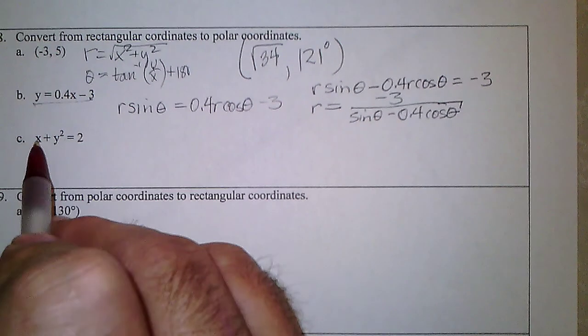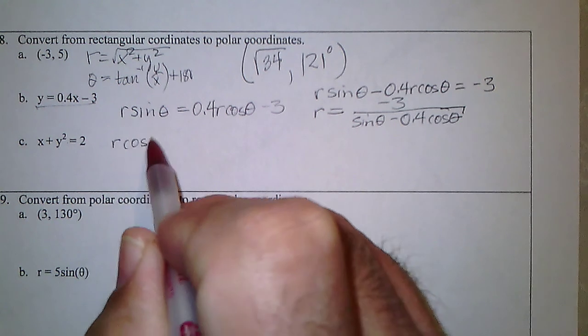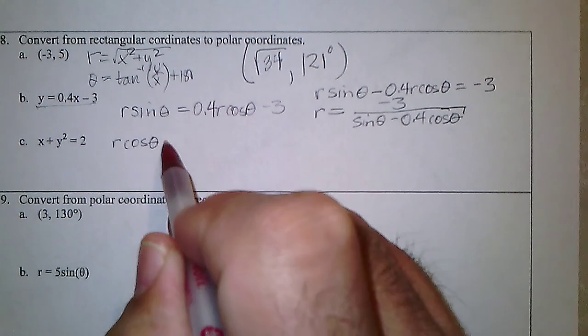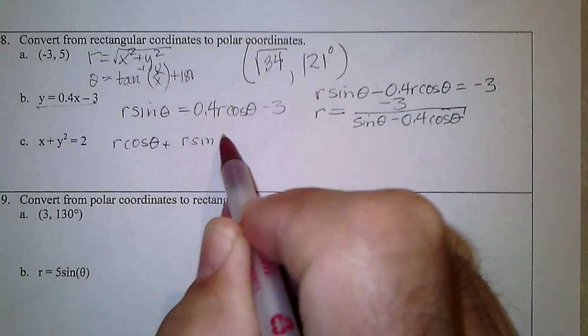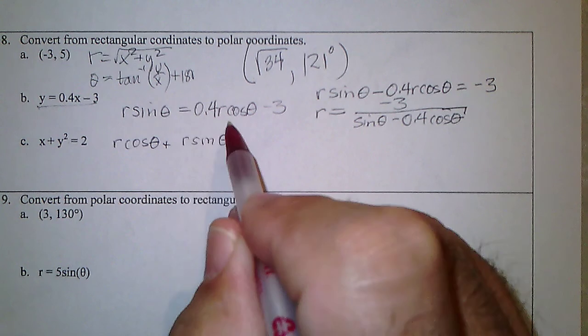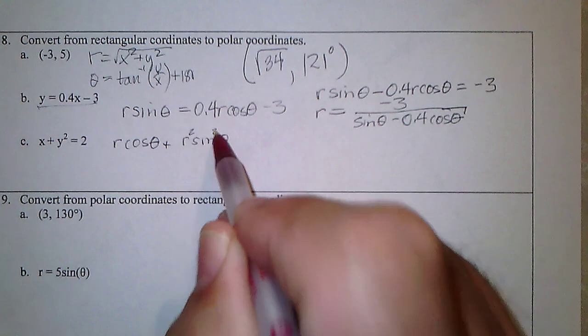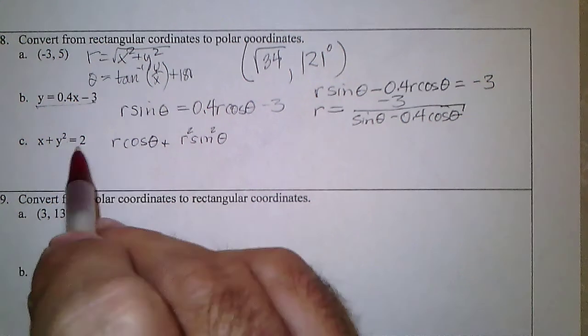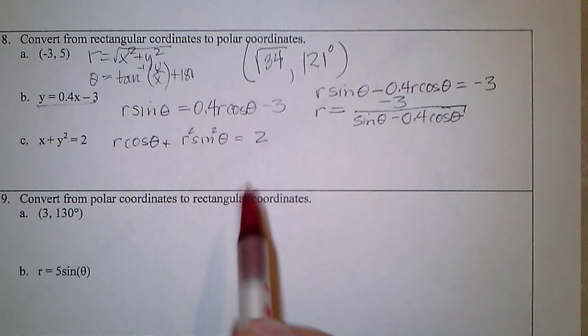Now this one, x, which is our r cosine theta, plus y squared, so that's our r sine theta, quantity squared, which means the r is squared and the sine is squared, equals 2. And this would be hard to solve for r because it's a quadratic.